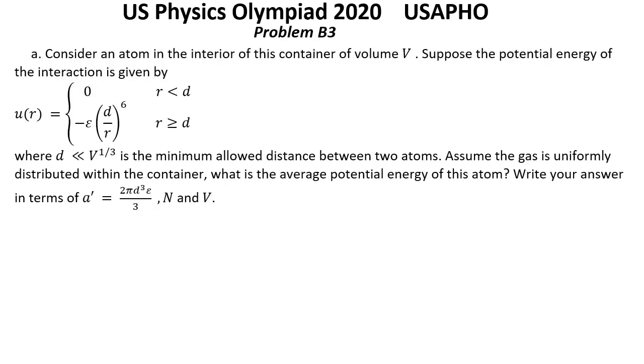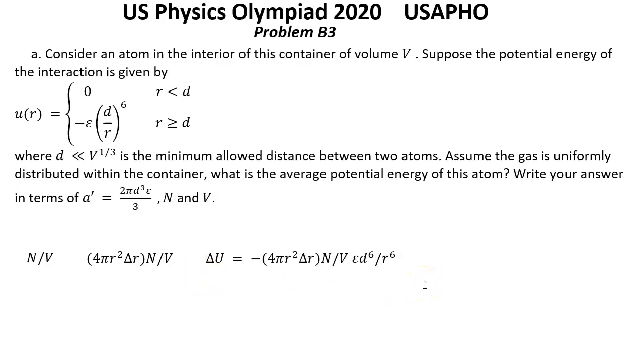Solution for problem B3. Question A. The density of the gas is given by n over V. In a spherical shell of radius r and thickness delta r, there are 4 pi r squared delta r multiplied by n over V atoms. The potential energy is given by this expression.